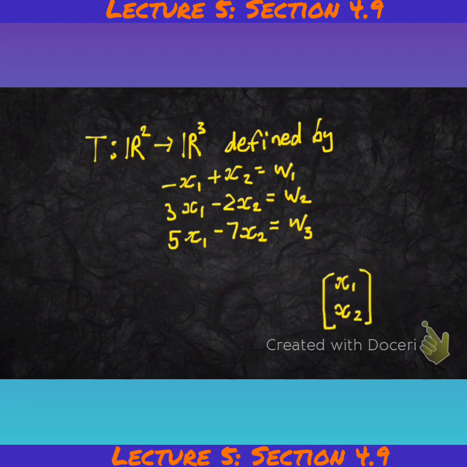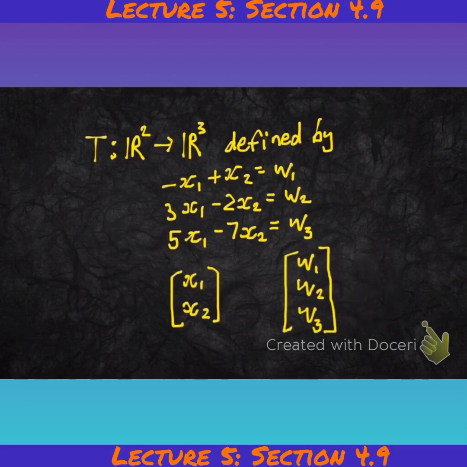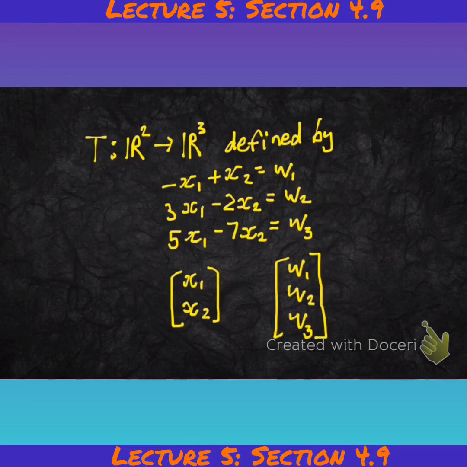Writing that down in matrix notation, we take our vector x1, x2, and our vector w1, w2, w3, and we want to find a matrix that will transform the point x1, x2 into the vector w1, w2, and w3.